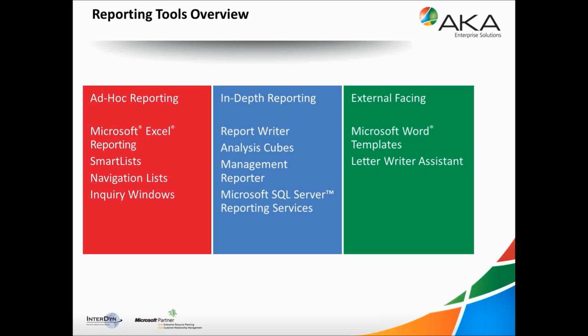So Excel Report Builder comes with GP, and there are over a couple of hundred reports that have been written for that tool, and it takes information from GP directly into Excel. In addition, there's SmartList. This tool's been around for a long time. It has somewhat of a cult following by now, but that's just a great go-to ad hoc reporting tool that has drill back into the application.